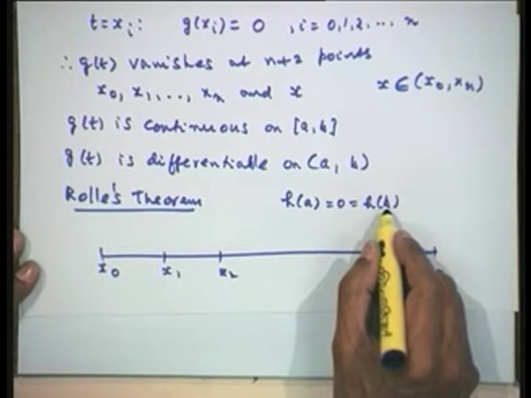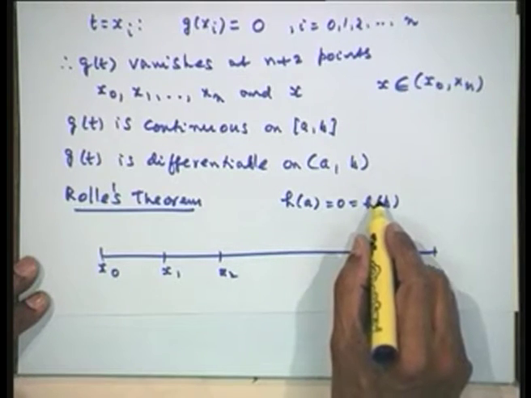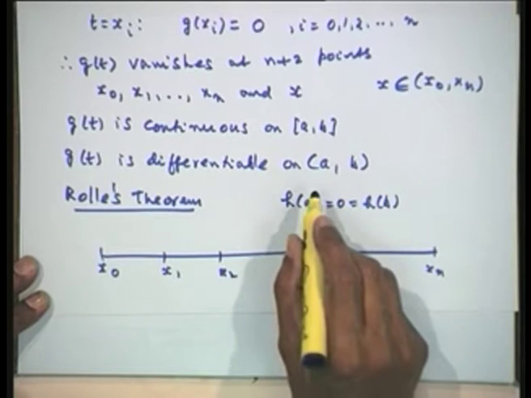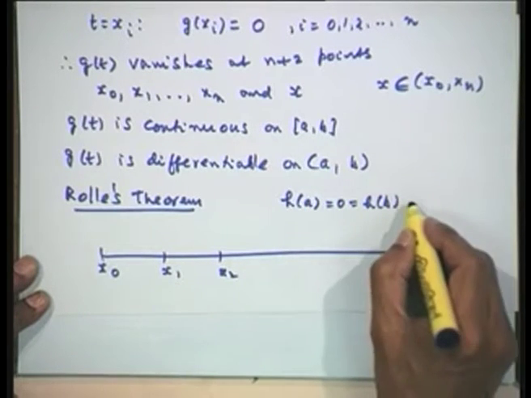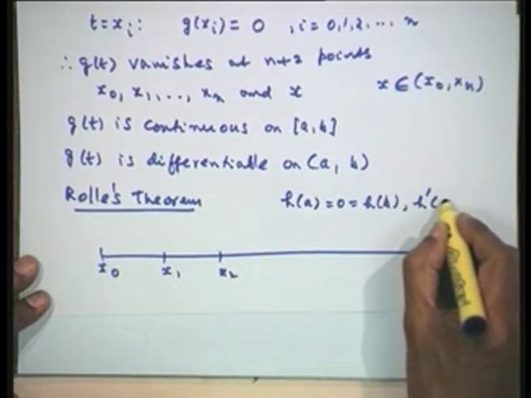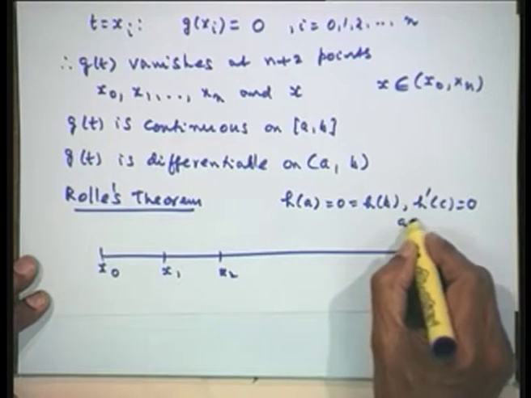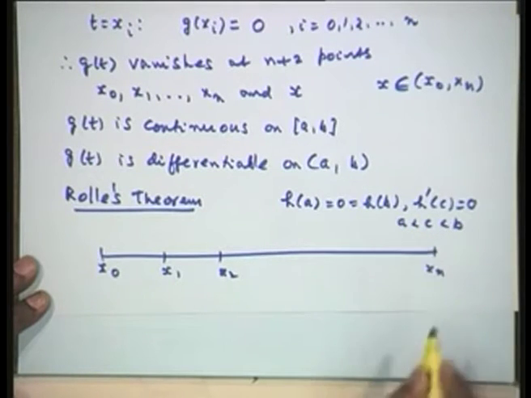Then Rolle's theorem states that there exists at least one point c between a and b where the derivative h'(c) is equal to 0.